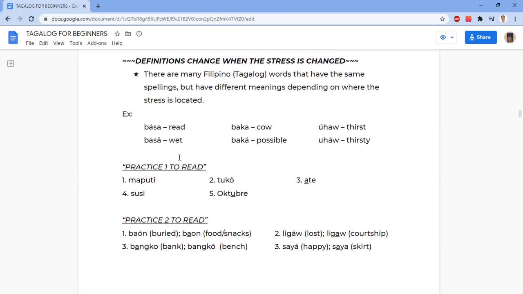Here we have practice 1 and practice 2 to read the following words whose definitions change when the stress is changed.